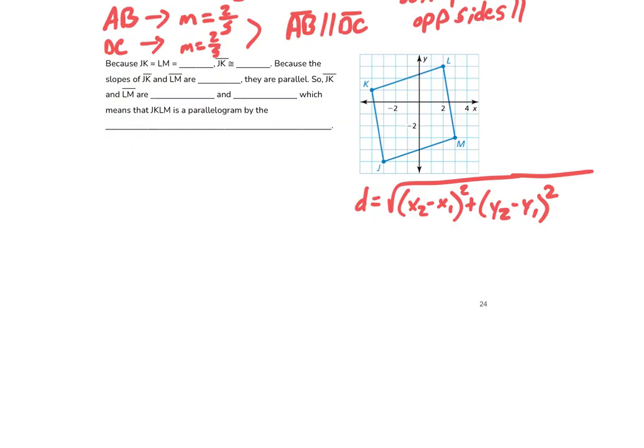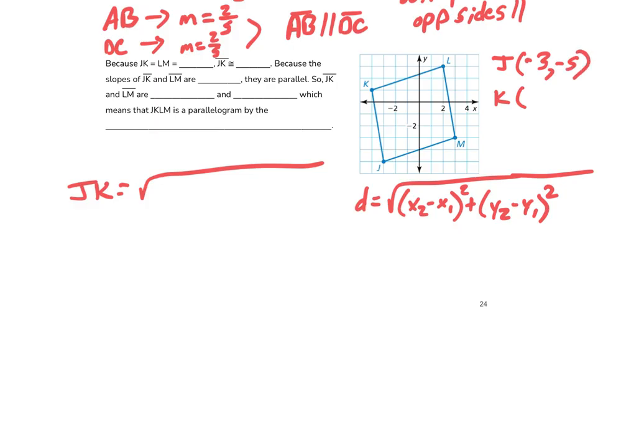Well, that's a little bit tricky here because I can't just count. Okay, so that's where your distance formula is going to come in. So let's find the distance of JK, first of all. We need to know what the ordered pairs are for J and K. So J is -3, -5.